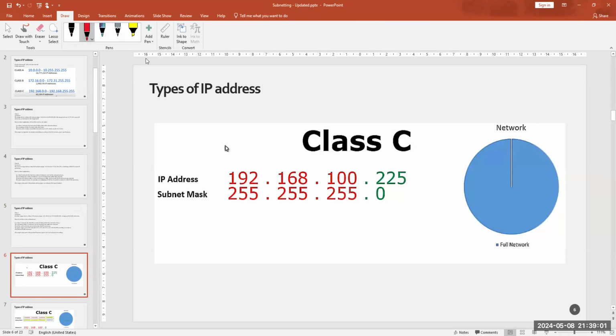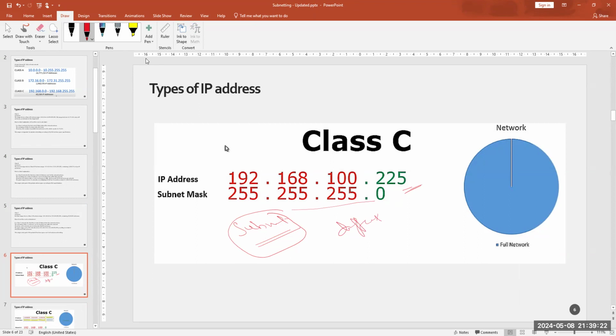So this is the IP address I have and this is the subnet mask I have. What I want to do is create a subnet, so that I can differentiate my IP addresses into a proper network.